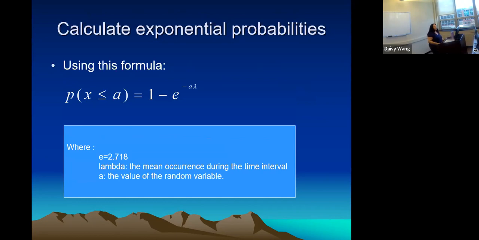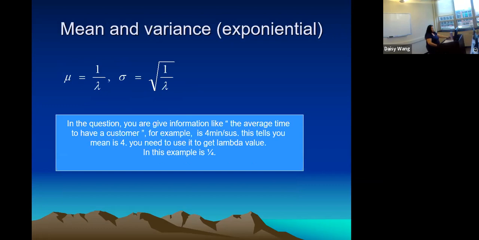So for the exponential probability, we use 1 minus e to the power of negative lambda times x. And the average is 1 over lambda, whereas for Poisson the average is just lambda. And the standard deviation is also 1 over lambda.